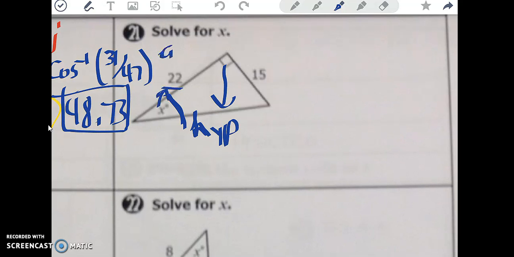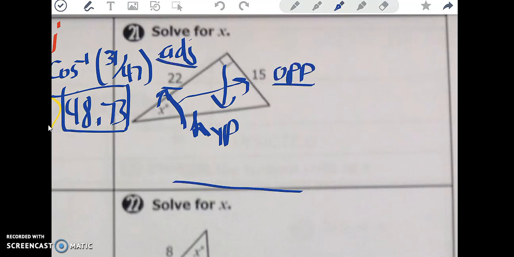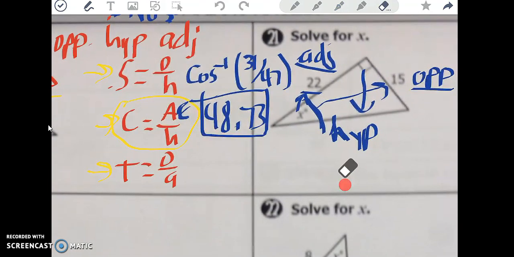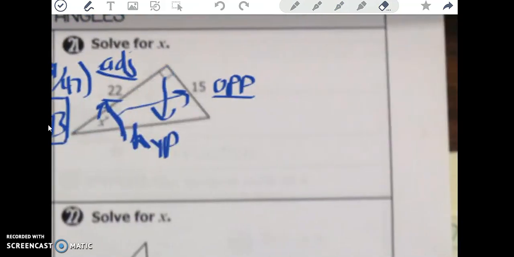That's the adjacent. And then the one that's directly across is the opposite. So now we're dealing with the opposite and adjacent. Which of these functions deal with opposite and adjacent? You'll notice the one that has the O and the A is the tangent.